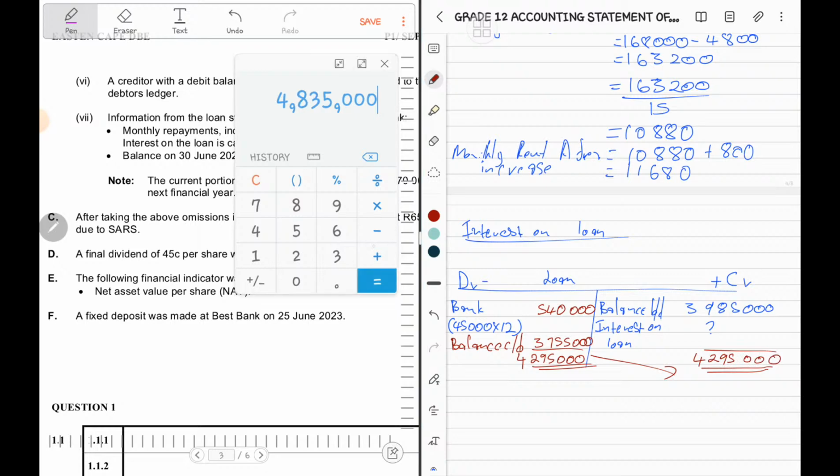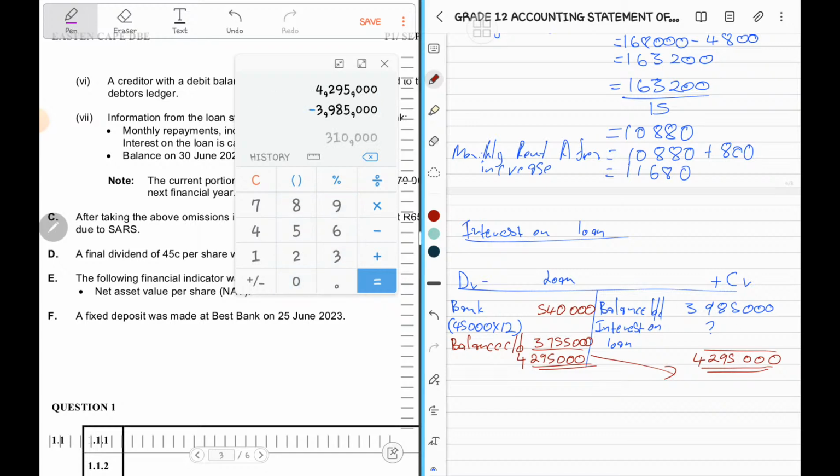Then we subtract the balance brought down, 3,985,000. 4,295,000, we subtract 3,985,000.